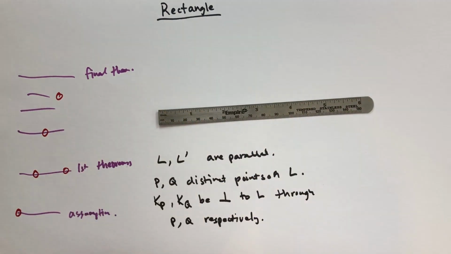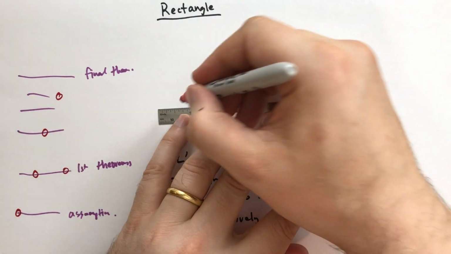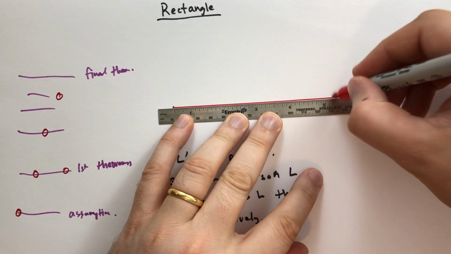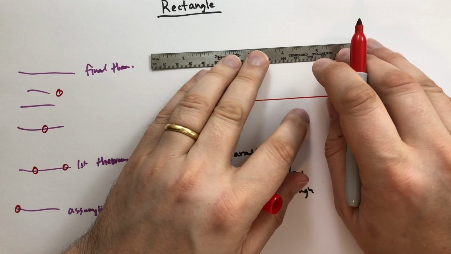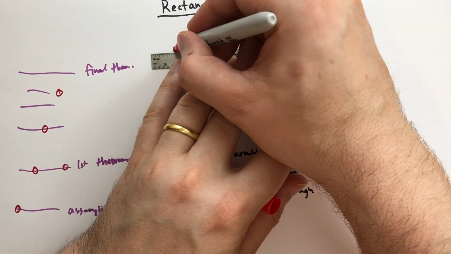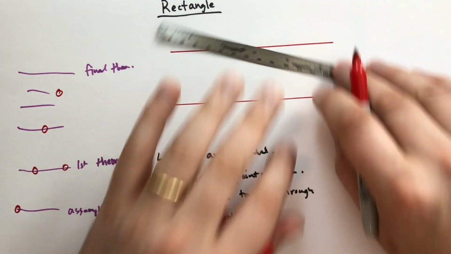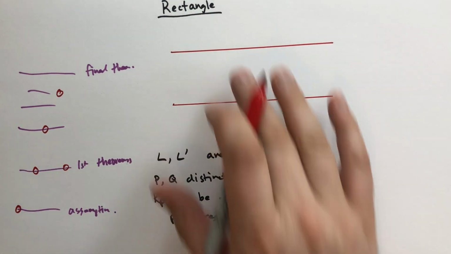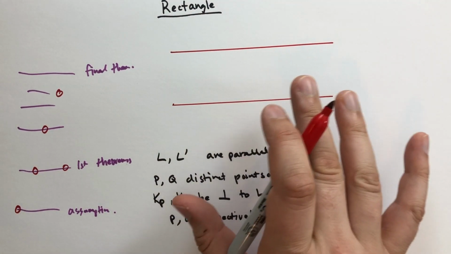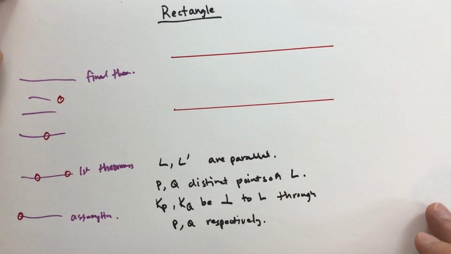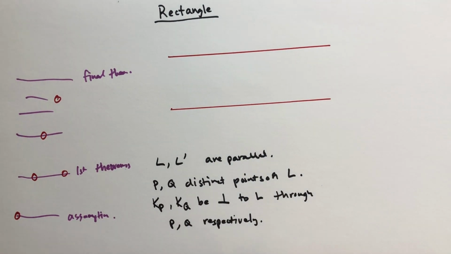So we have two lines that are parallel, and parallel lines will never touch. That means that they are a certain constant distance apart, and these are probably not perfectly parallel, but they're pretty close. Good enough for government work, right?